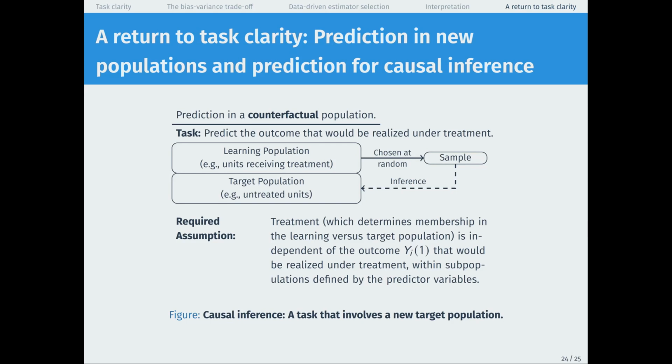Then the population of units who received the tutoring is going to be very different, possibly, from the set of units who did not receive the tutoring. And it's not at all clear that we can use our prediction function learned among the tutoring people to predict what would have happened to the non-tutoring cases if they had received tutoring.